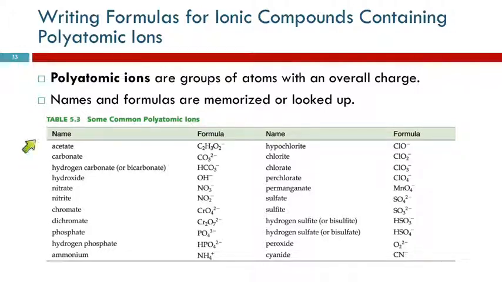So these are called polyatomic ions. And thankfully for you, this chapter is not on today's exam. These are things that need to be memorized. You don't need to memorize all of these, but I will post a list for you today so that you can get started on the ones that you do need to memorize.